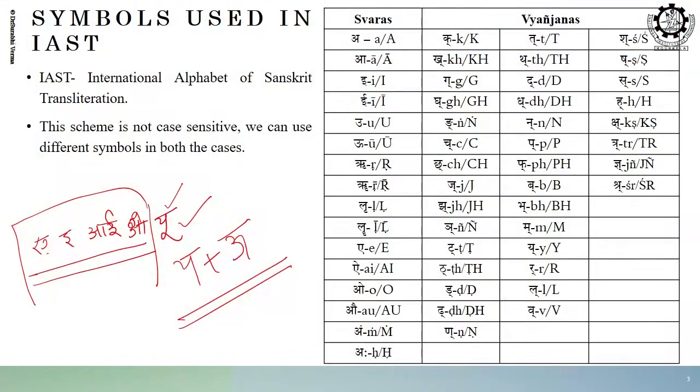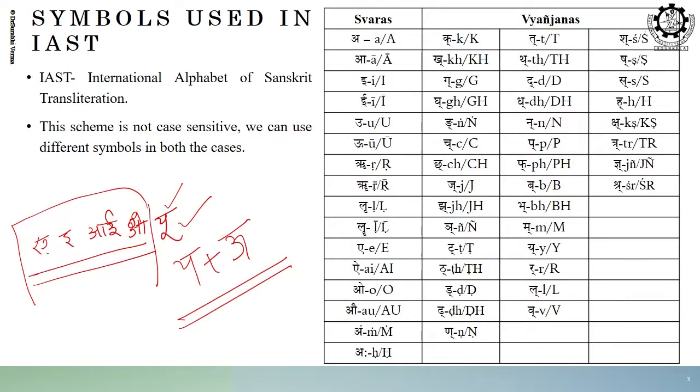So, what is being done here, you can see in the slide itself: we have swaras and then we have vyanjanas. Swaras are the sounds which are independent for their pronunciation, and one by one we are going to understand what are the possible symbols to denote the basic sounds when we change the script without changing the meaning of a particular word.